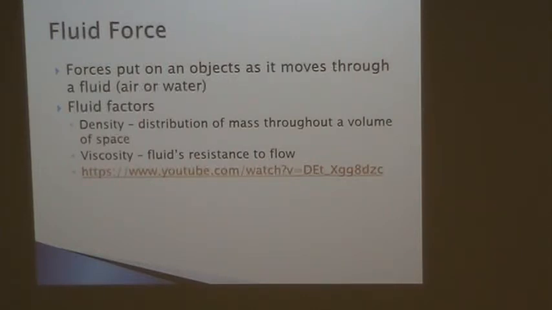Viscosity has to do with the fluid's resistance to flow. I like the example that the book gave of the orange juice. Viscosity is very affected by temperature. So in the case of the orange juice, you take a can of orange juice from your freezer, it has a high viscosity level, harder to move through.